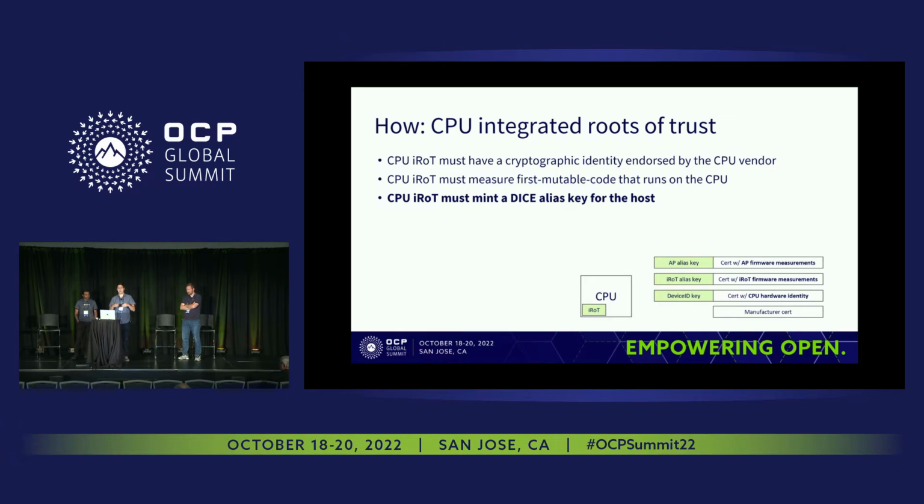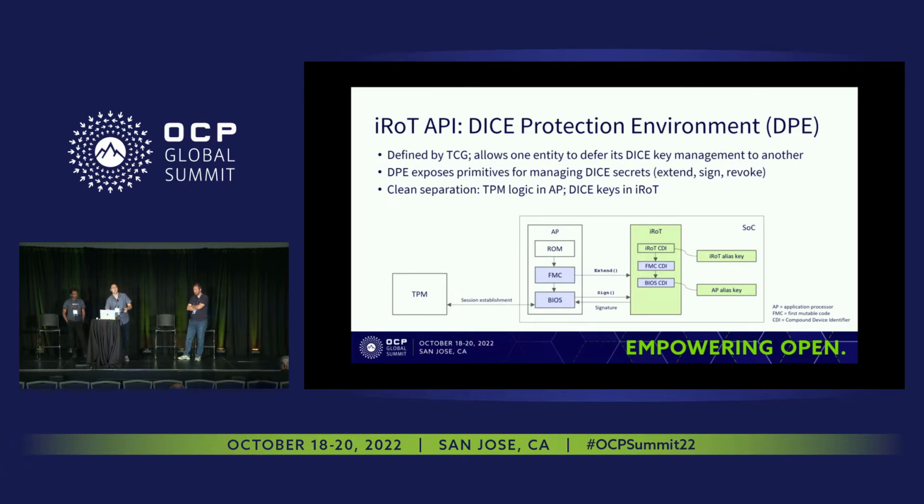So you would, again, permute the DICE CDI, get an AP alias key, and that gives you the hardware plus the first stages of boot, so you can wield some private key to prove that I am this CPU running this code.